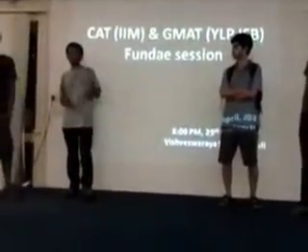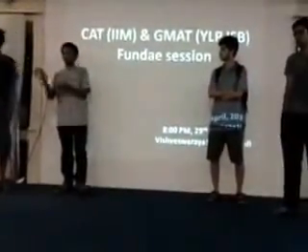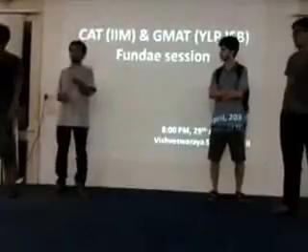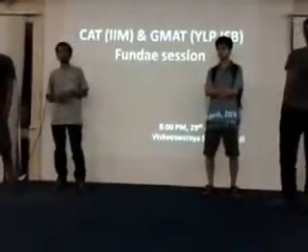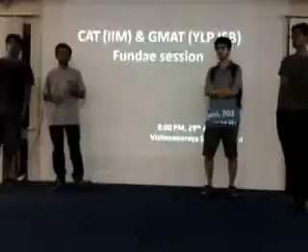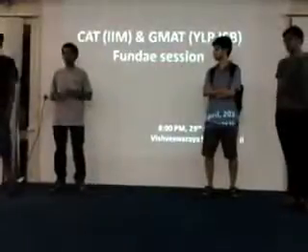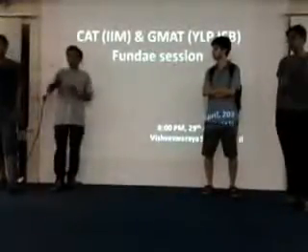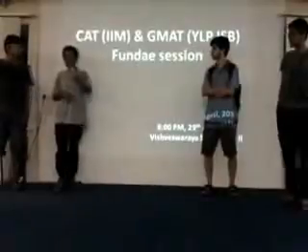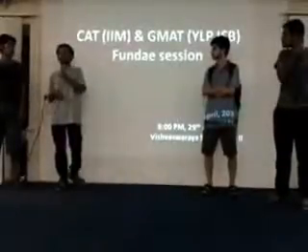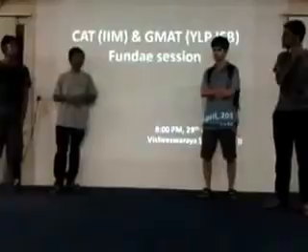CAT results came out on 9th Jan. Interview calls come within a week after the results are announced. Interviews typically happen from mid-Feb to mid-March. 26 Feb usually they start around. That is for IIM. The first interview was probably Lucknow, which started around 10 to 12 Feb.